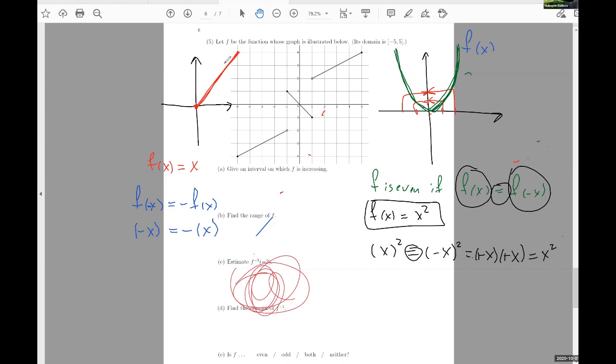Your function is odd if you choose some input, let's call it x, then take the opposite input, negative x, and the output for this negative x is your original output but with a negative sign. So you can see that your function is odd.